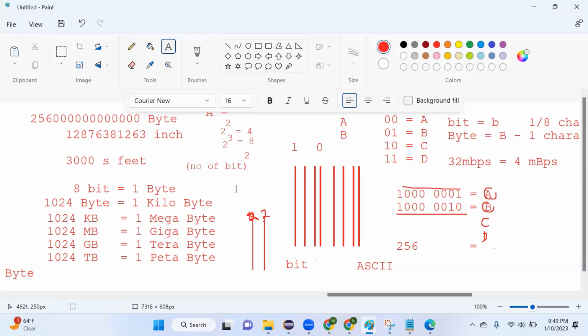If I apply 2 to the power 4, that means 4 bits, then we will get 16.